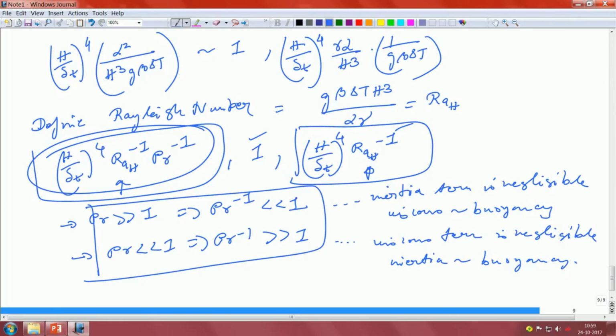In the next class, we are going to take each of these Prandtl number limits, work out the problem and see what the key features are in each of those situations. Once we are done with that, we can move to more formal analysis using integral methods and subsequently similarity transformations. Thank you.